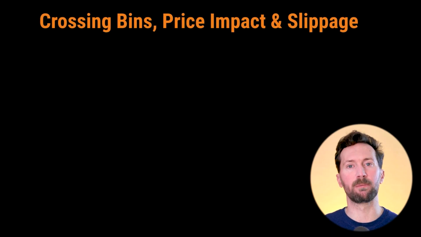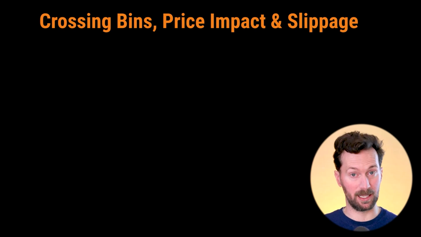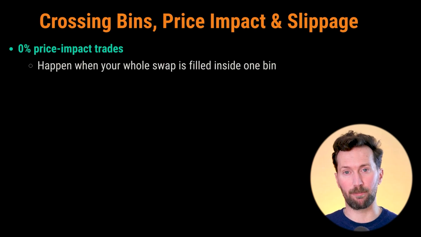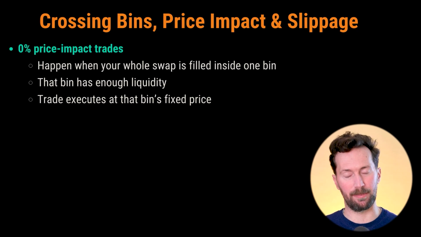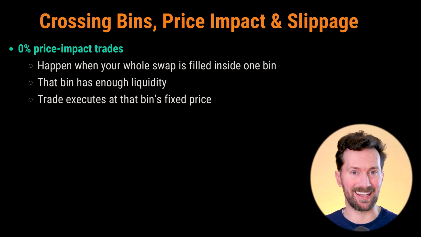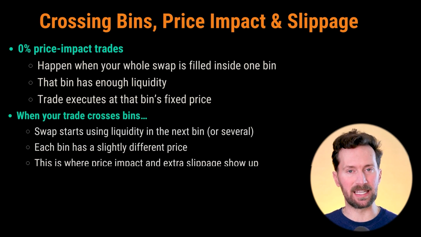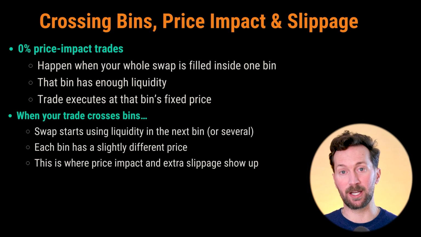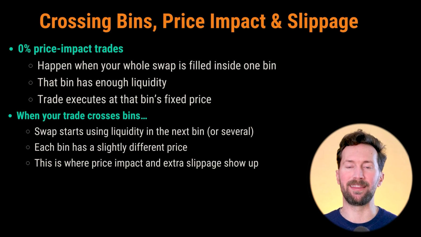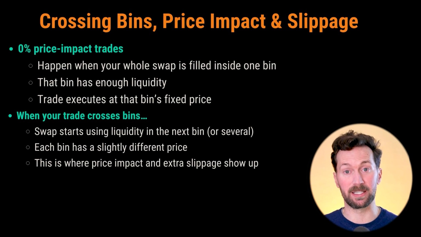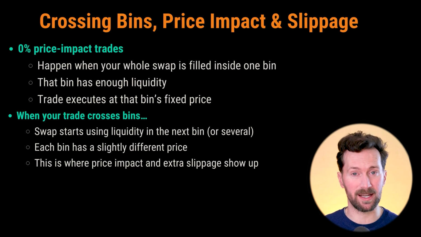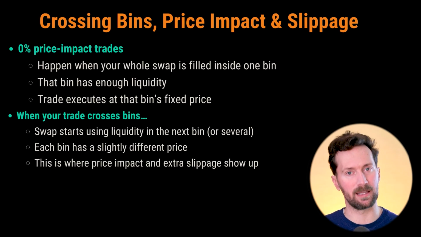Now we'll talk about crossing bins and slippage. We mentioned this earlier, but it's worth clearly stating again that 0% price impact execution happens when your entire trade stays inside a single bin and with enough liquidity. When a swap size exceeds the liquidity in that bin, the trade will start consuming liquidity in the next bin and possibly several bins after that. And each bin has a slightly different price, and that causes price impact.